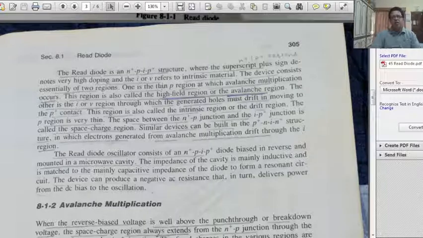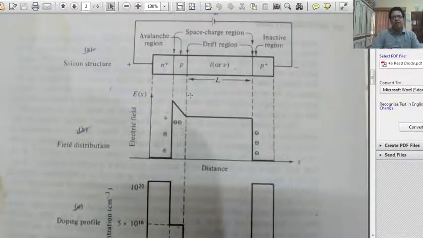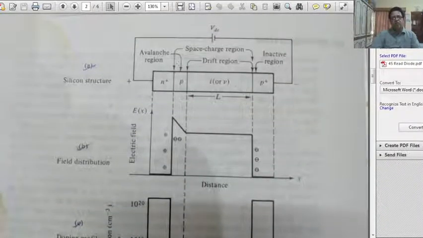One is the thin P region, where avalanche multiplication occurs. This region is also called the high field region or avalanche region.